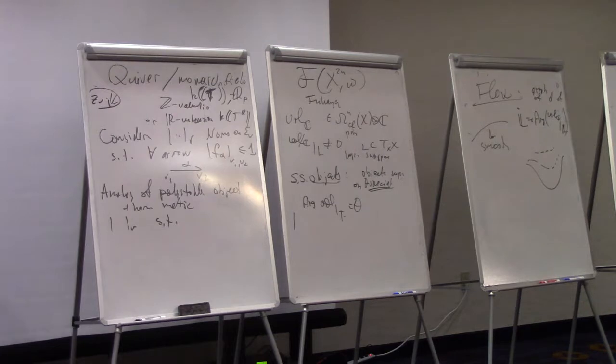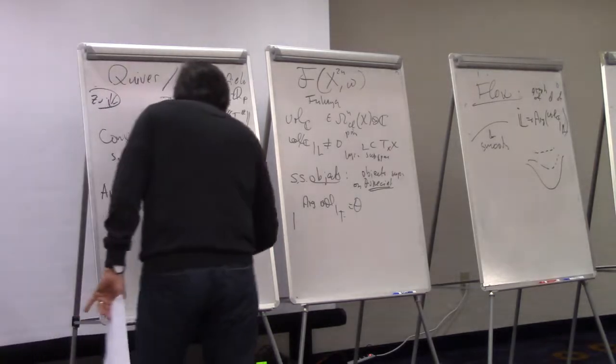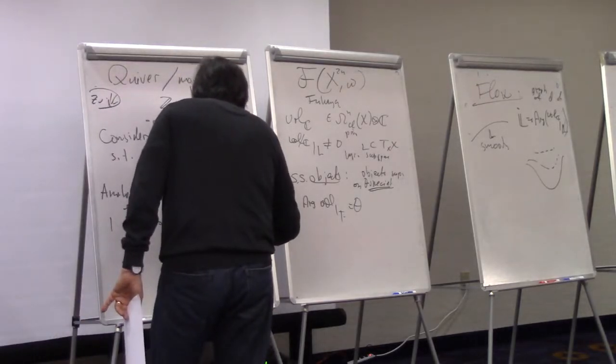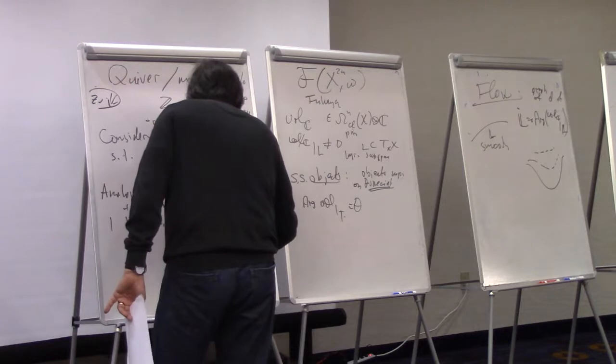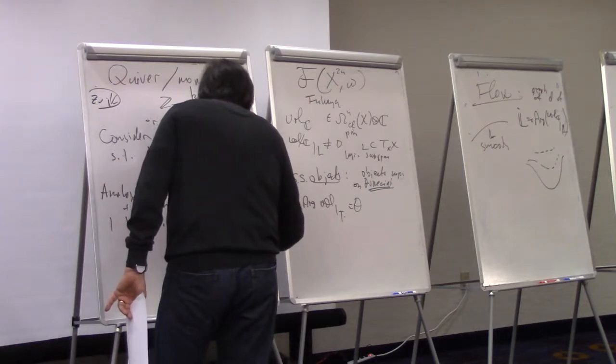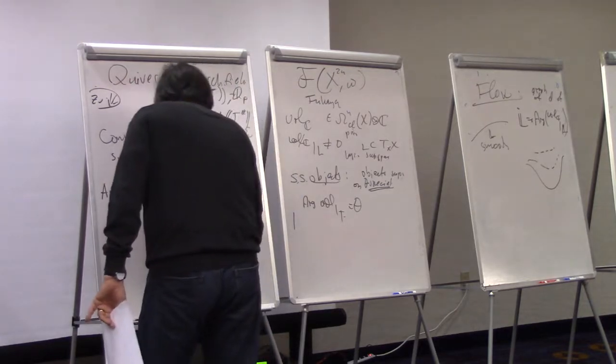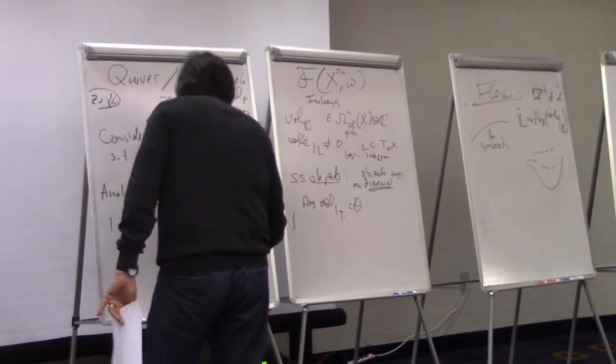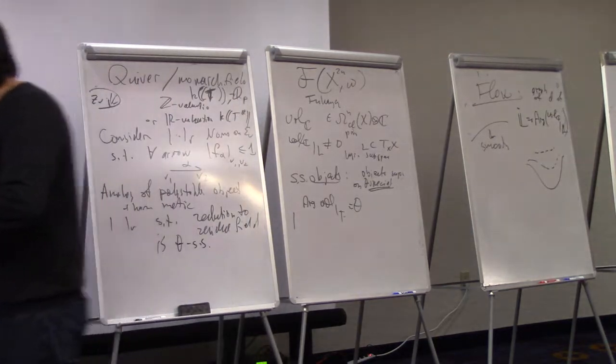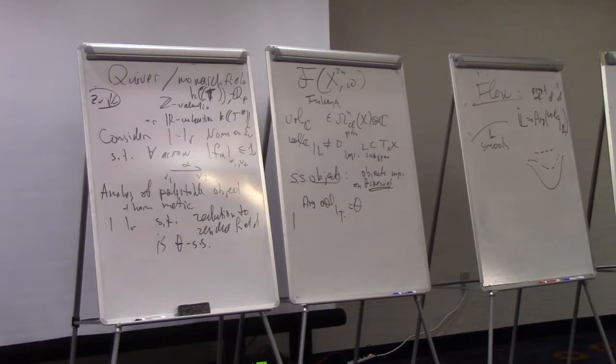It's better to think of a Noetherian field. Then you can make a reduction to the residue field. The residue field is theta semistable. Yeah, so let's declare this to be a harmonic metric.